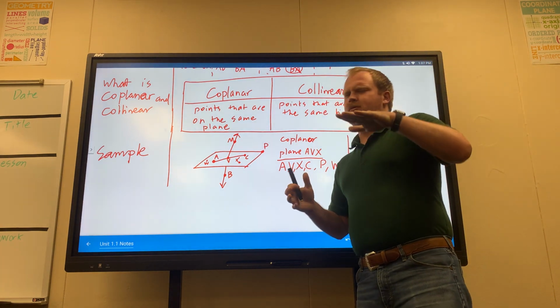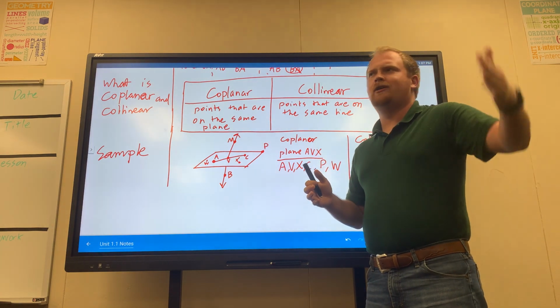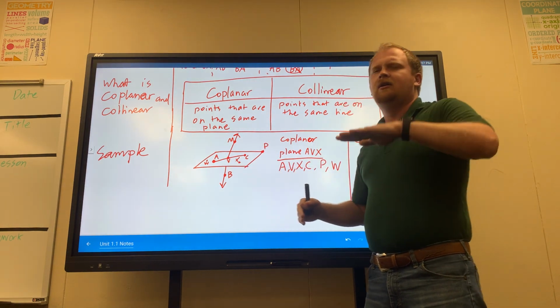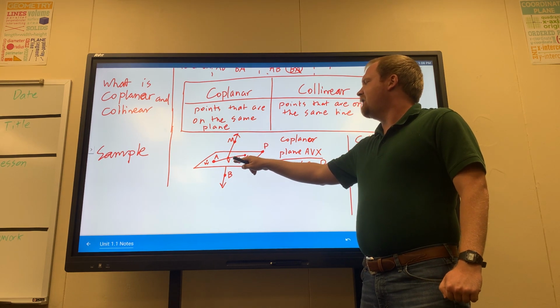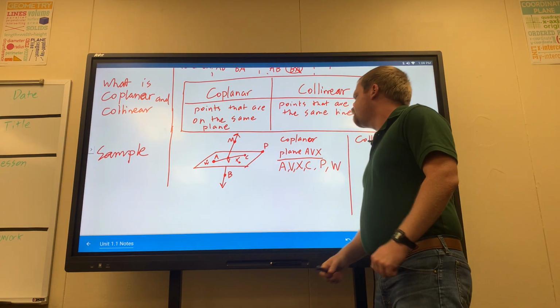And remember, the plane is flat, so it can't just curve and go around and just happen to go through B. It's flat. So B is never going to be, in this case, coplanar.